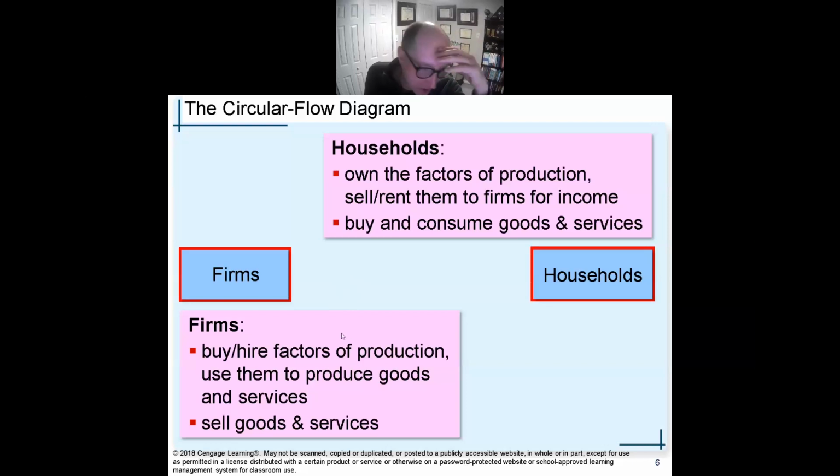So the firms hire you, the households, to work for them, to sell goods and services that the firm produces to the households. The cycle goes in both directions, is what I'm saying.